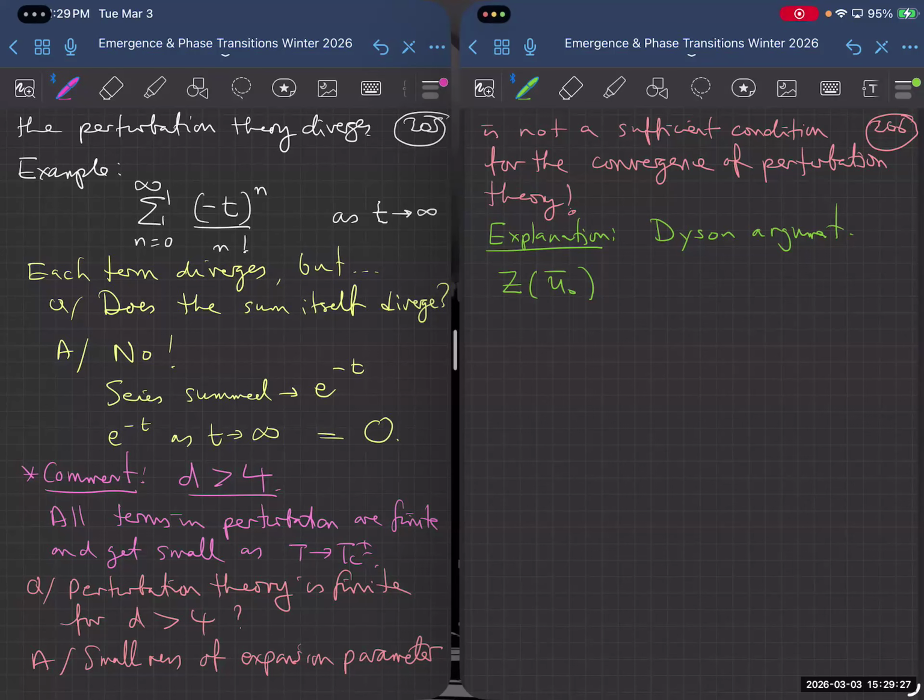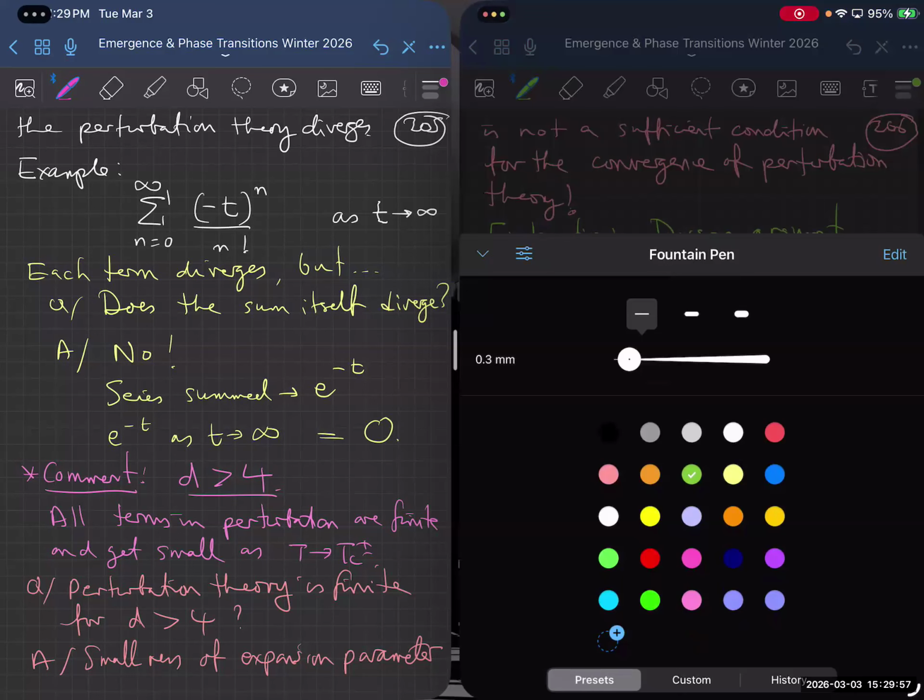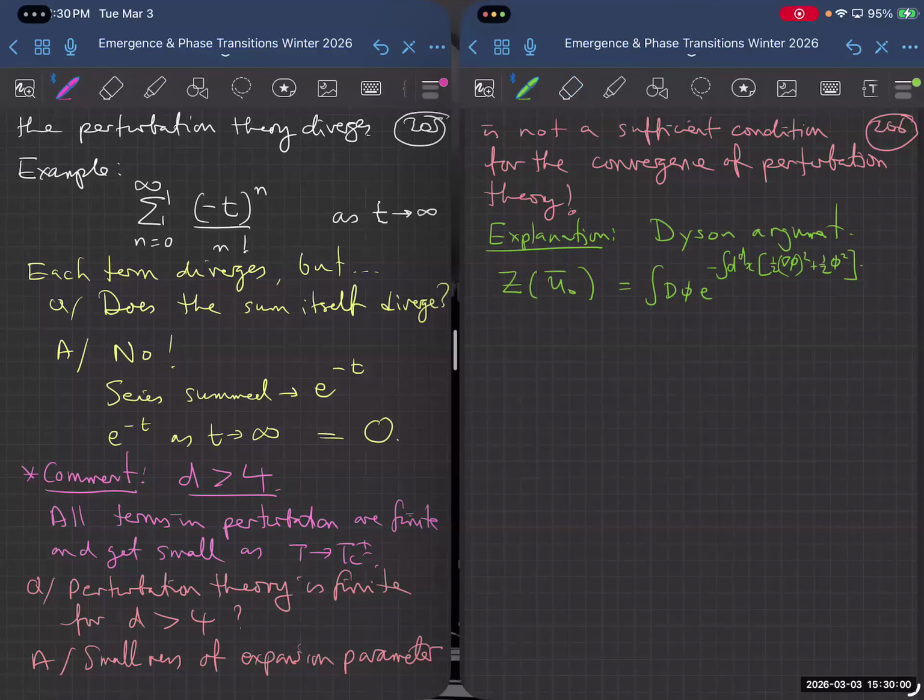And so my partition function, as we know, is the integral d phi, and then the integral d^d x of a half grad phi squared plus a half phi squared, so there are no coefficients in there, times e to the minus the integral d^d x of this u naught bar parameter times phi to the fourth. So that's what the partition function looks like.